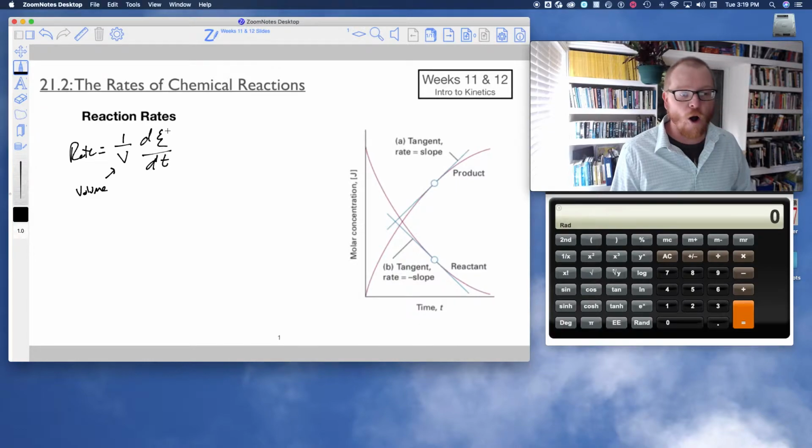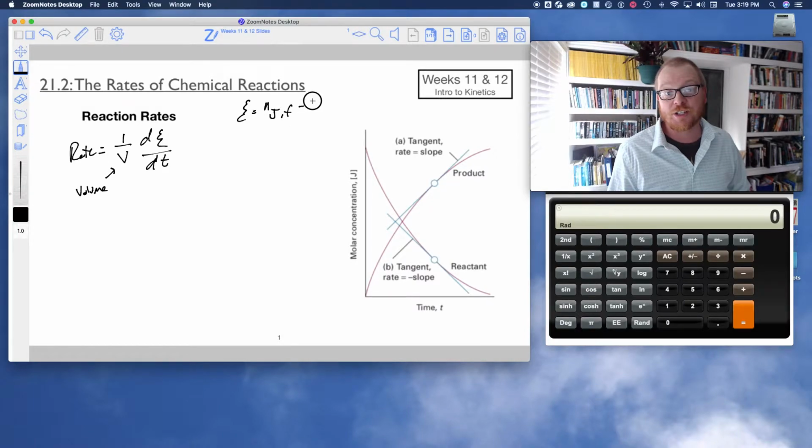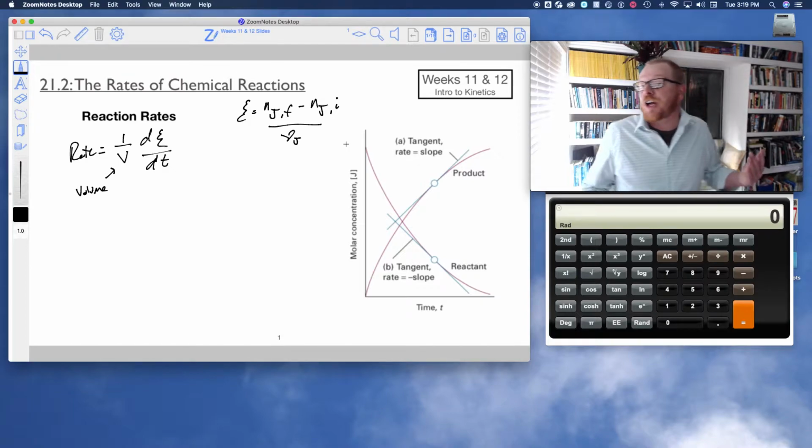And if you recall, this ξ thing that we calculated is called our extent of reaction, which by definition is going to be the number of moles of species J under final conditions minus the number of moles of species J initially, all divided by its stoichiometric coefficient.